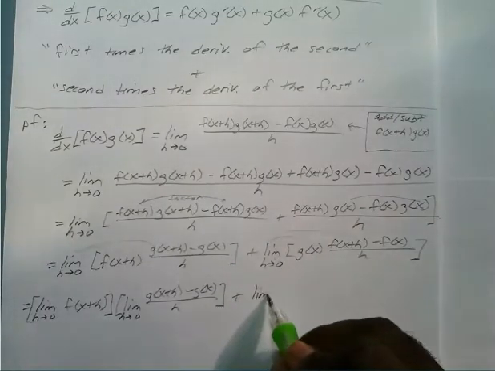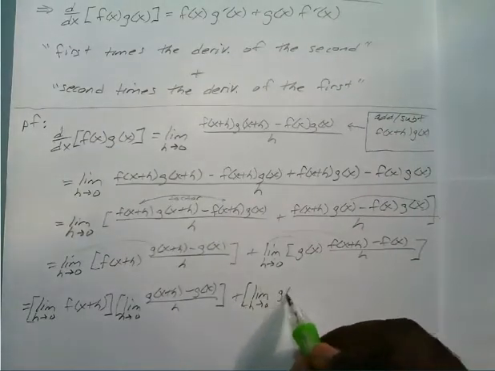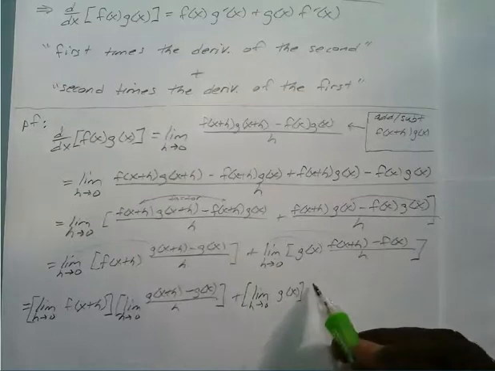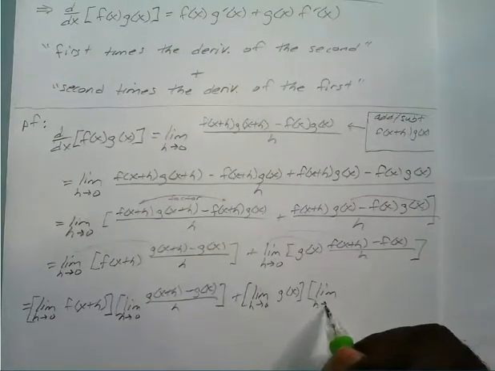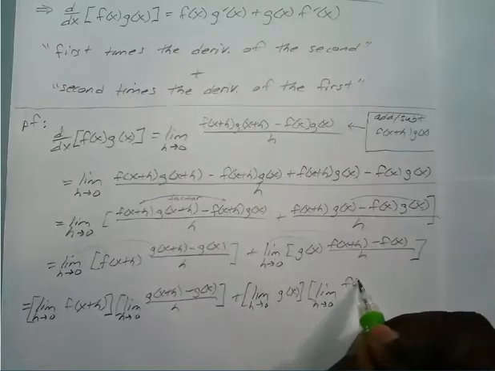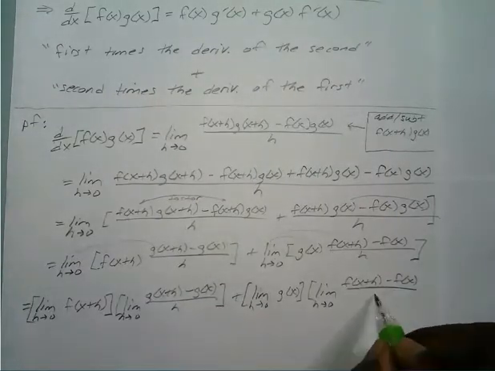You have the limit as h approaches 0 of g of x, times the limit as h approaches 0 of f of x plus h minus f of x all over h.